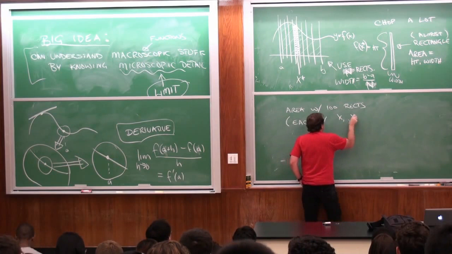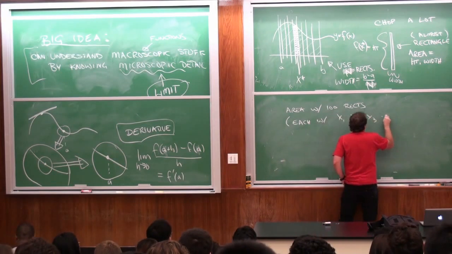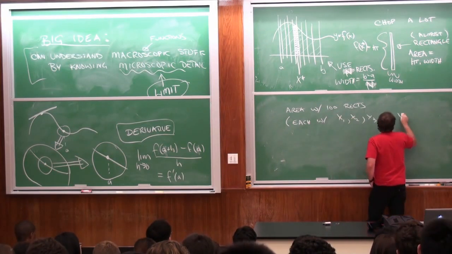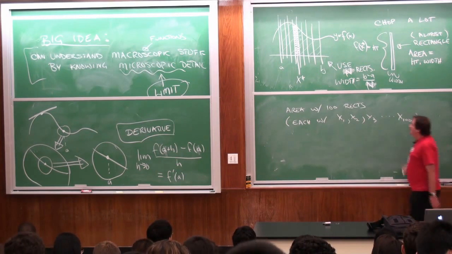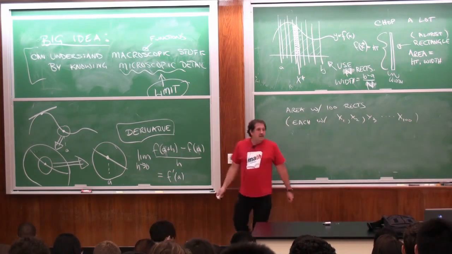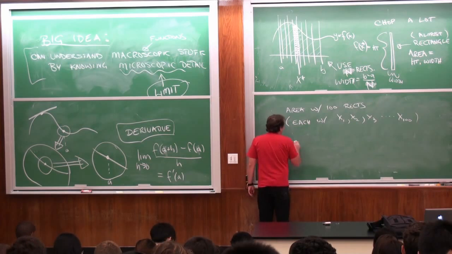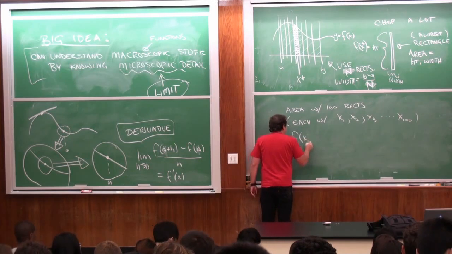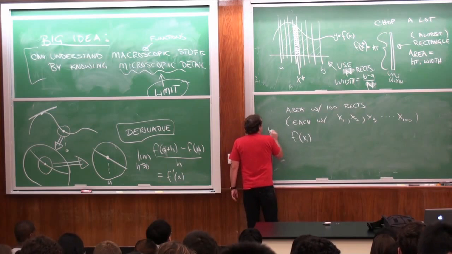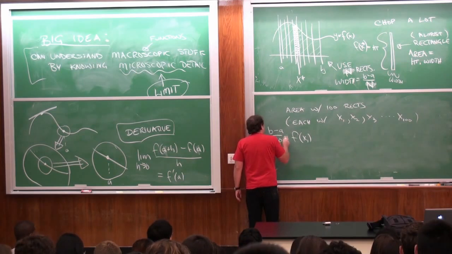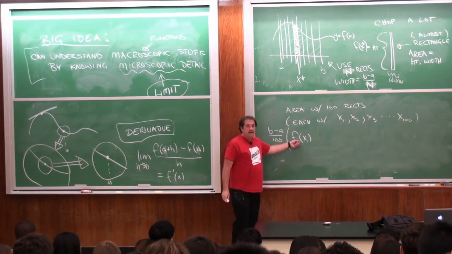Let's call them x1, x2, x3, up to x100. Soon I'm going to change the 100 to an n. I take the height, f of x1, and I take the width, which I'm going to write out here, b minus a over 100, and I multiply them together.